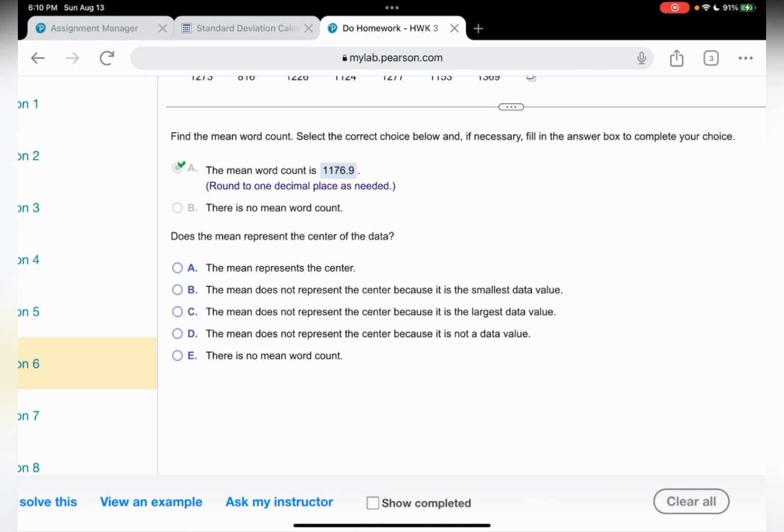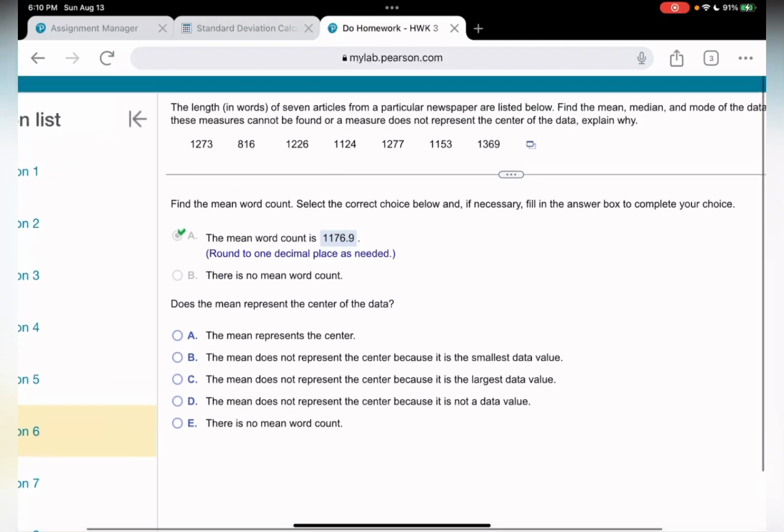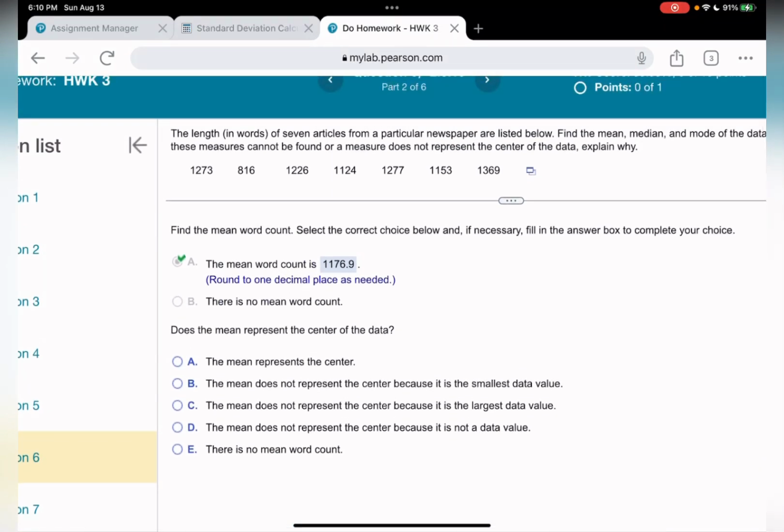What is next? Does the mean represent the center of the data? You know how we're going to figure out? Remember what I explained? I said the mean is always going to represent the center, right? But it can be skewed, correct?